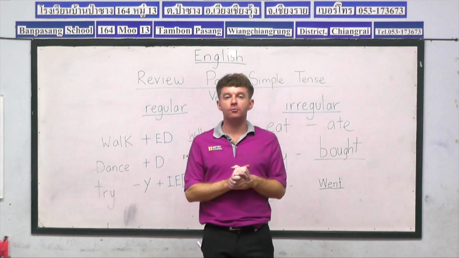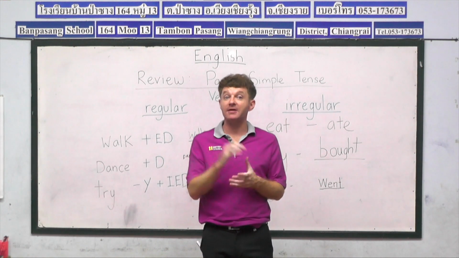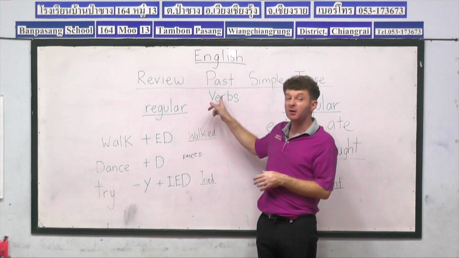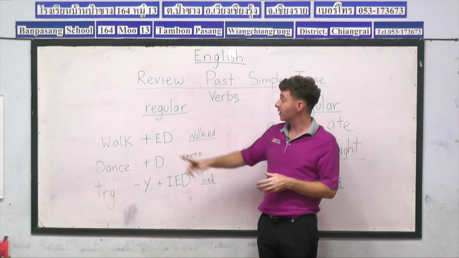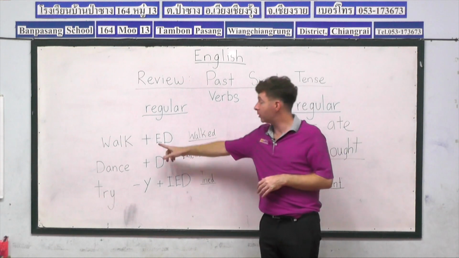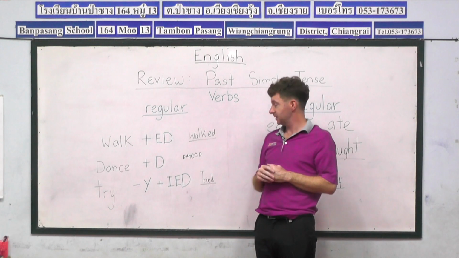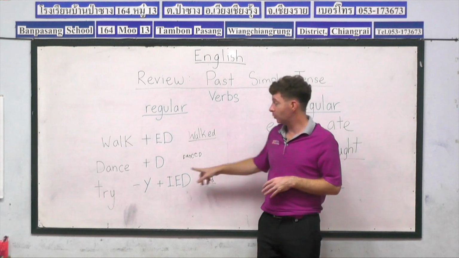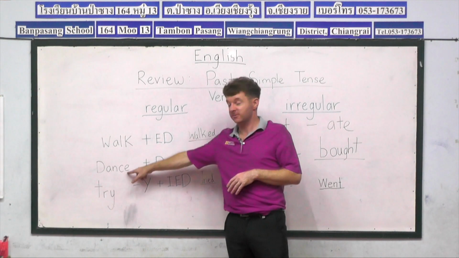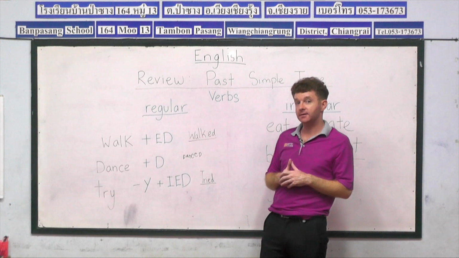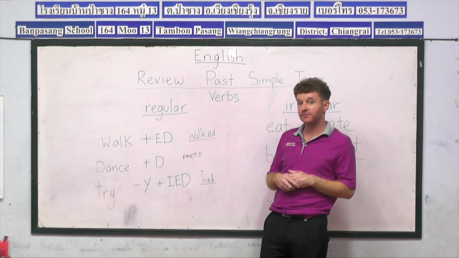So now we've got some examples on the board. Let's practice speaking one more time. So first of all, regular verbs. Walk, walked, plus ed. Dance, danced. We already have e on the end, so just plus d. And then try, tried.